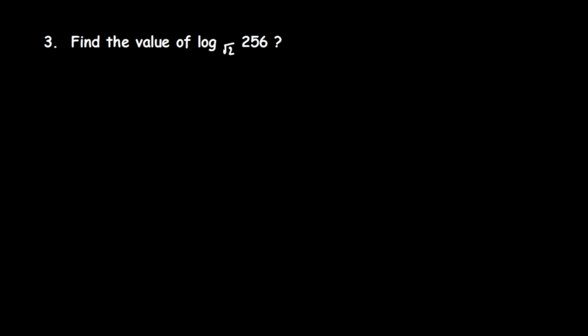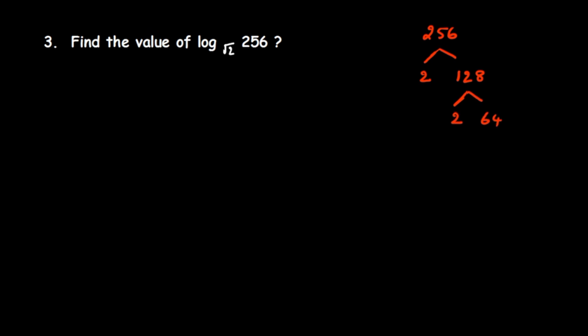find the value of log 256 base root 2. So again this 256 we can write as the product of the primes. Okay, so 128 we can write, again it is 2 into 64, correct?